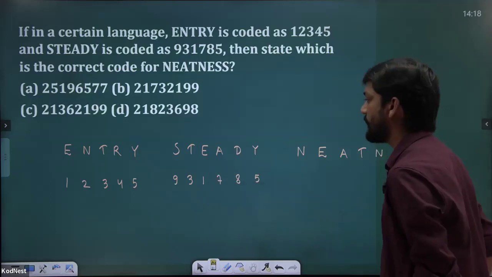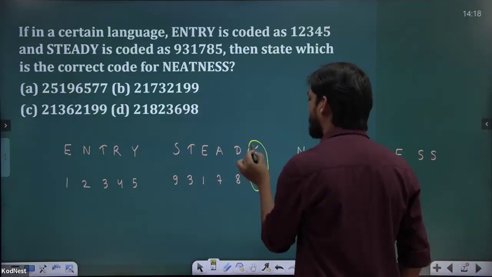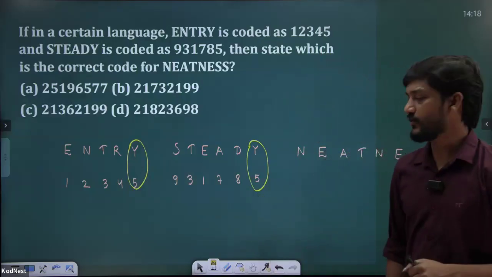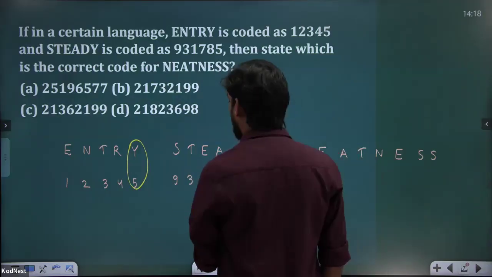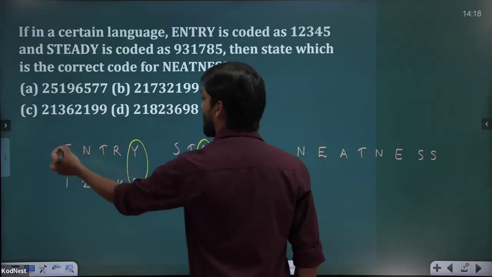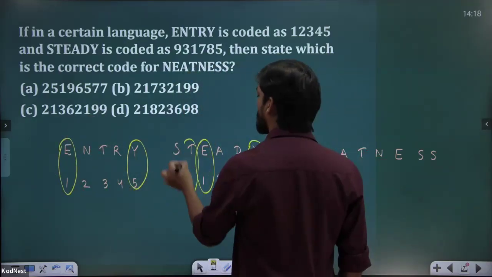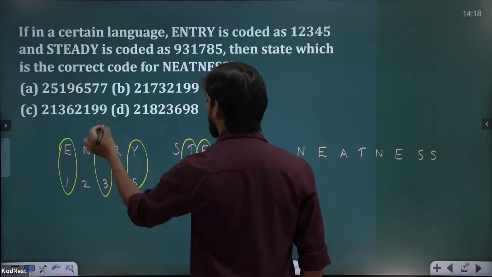Carefully observe. This is y, this is y. So y equal to 5, we can say for sure. Then we have e equals to 1. Here we have e equals to 1, same. Then we have t equals to 3. Here also t equals to 3.